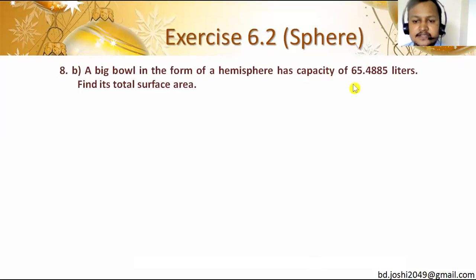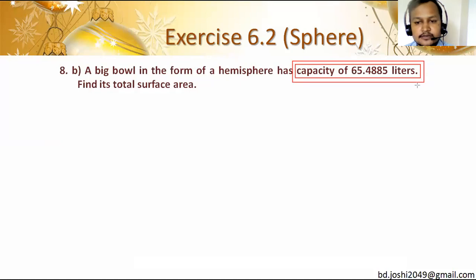65.4885 liters. That means capacity of any object, space occupied by any object, that is the volume. The volume is given to us, that is 65.4885 liters. At first, convert this volume into cm cube or meter cube. If we want to convert it into meter cube, divide it by 1000.